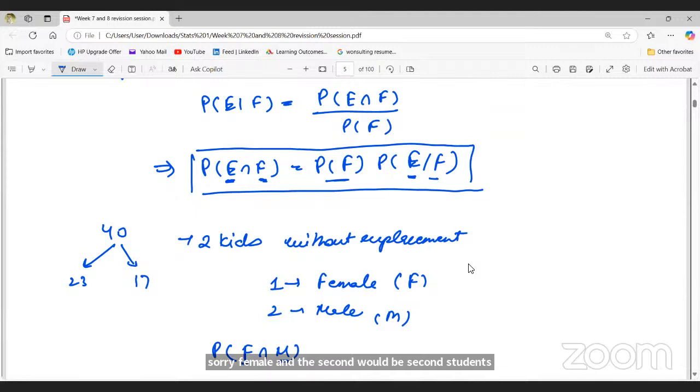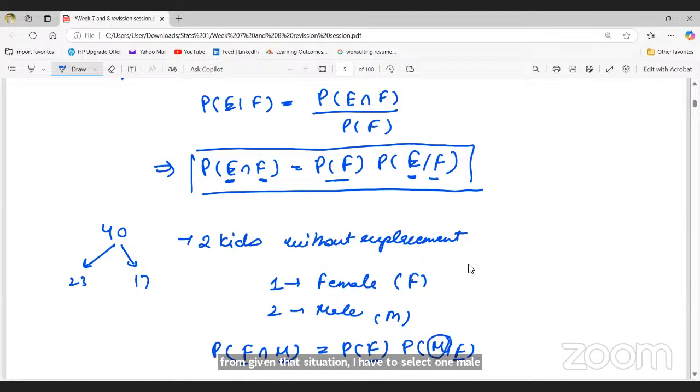So this would be equal to probability of F into probability of M given F. That means first I have selected the first student as female. Then, given that I've selected one female student, I have to select one male student for the second position.